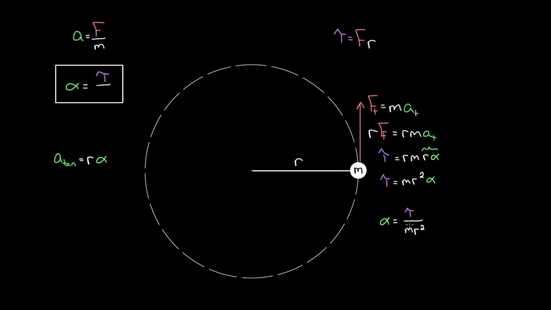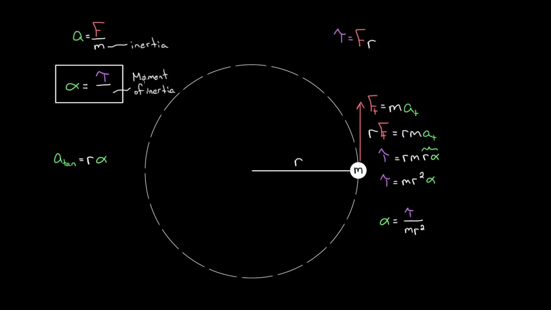What is that? Well, it's serving the same role that mass did for regular acceleration in the regular Newton's second law. And remember, this mass was proportional to the inertia of an object. It told you how hard it was to get that object accelerating, how sluggish an object is, how resistive it is to being accelerated. That's what this term down here is going to be. People usually call this the moment of inertia, but that's got to be the most complicated name for any physics idea I've ever heard of.